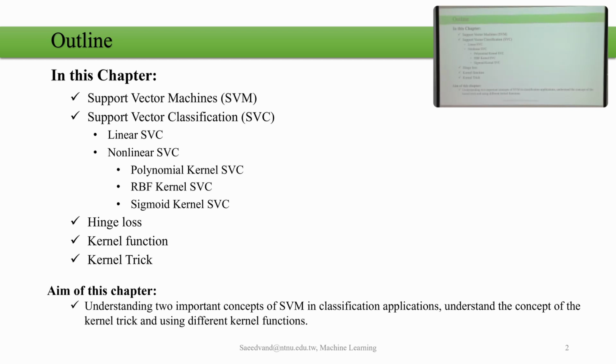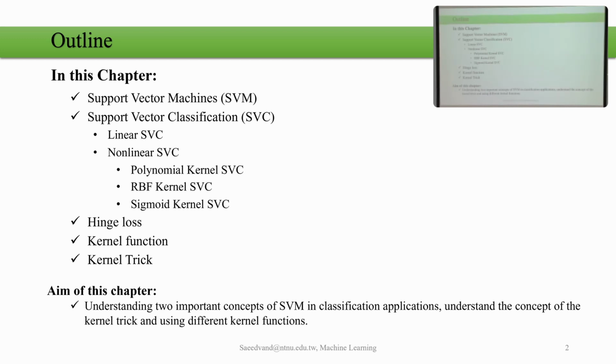Meanwhile, we will define the Hinge loss as one of the most important losses that we can use in support vector machine. As I mentioned, in order to understand these concepts, we will discuss kernel function, and we also introduce the Kernel Trick and how this Kernel Trick can work based on the kernel function to improve the performance and make it realistic for SVM algorithms to work.